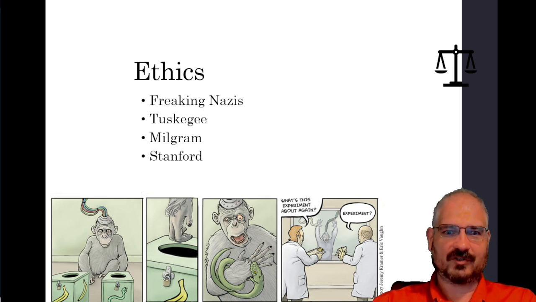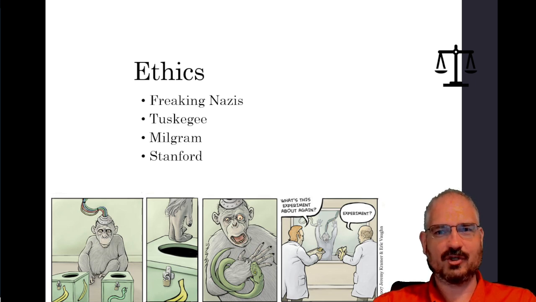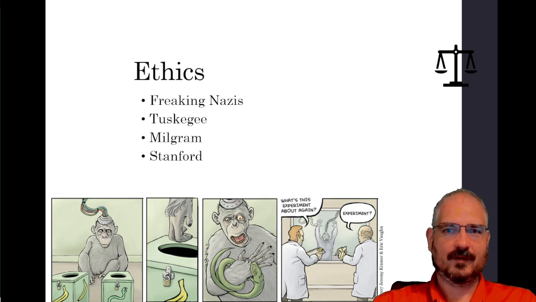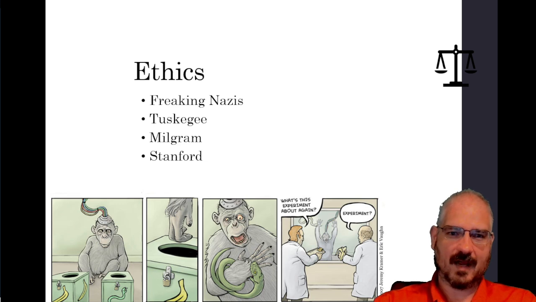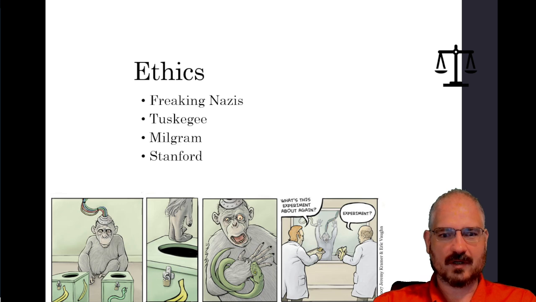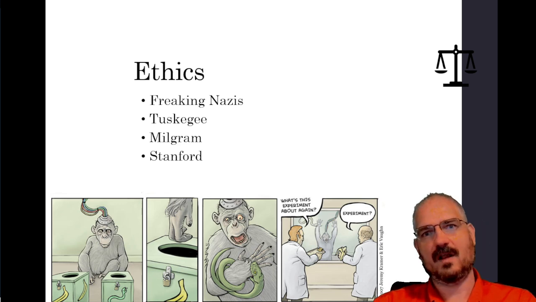Within the field of criminal justice, or criminal justice adjacent studies, there are two really famous pieces of research with ethical concerns. Probably the more famous of the two is the Milgram experiments. Once again, this came out of World War II. Stanley Milgram was a psychologist who looked at all these former Nazi soldiers saying, I was just following orders.